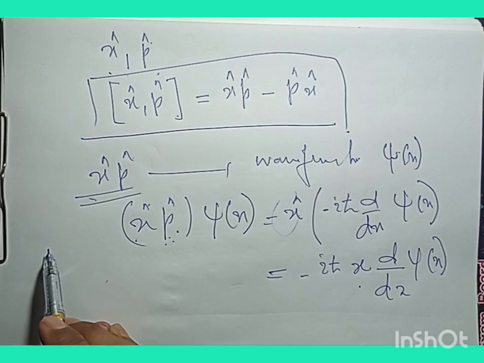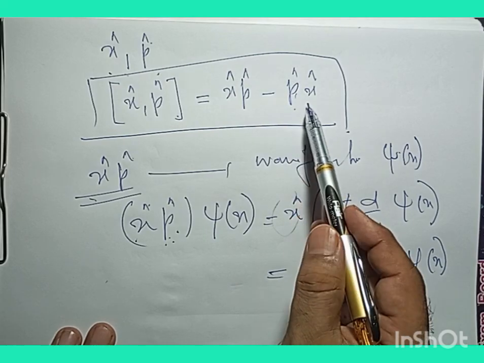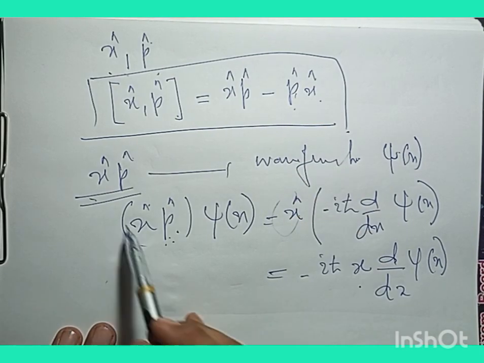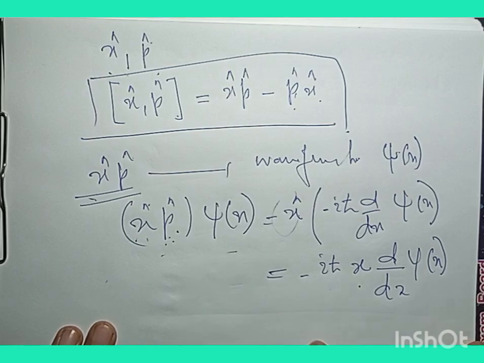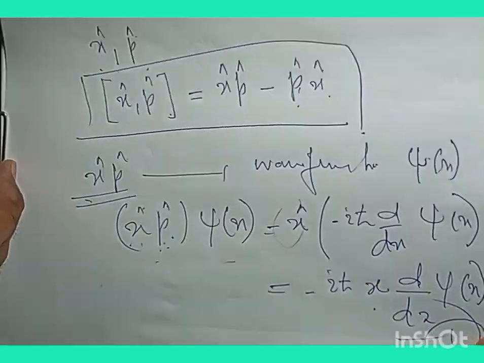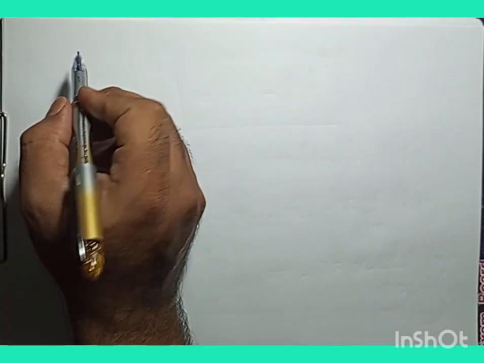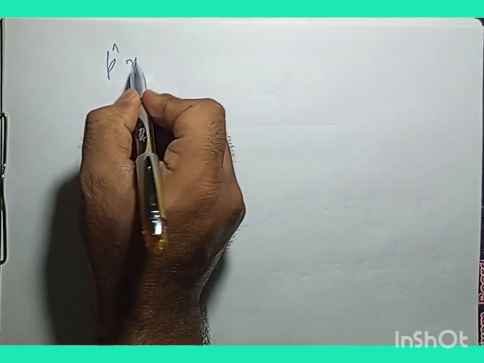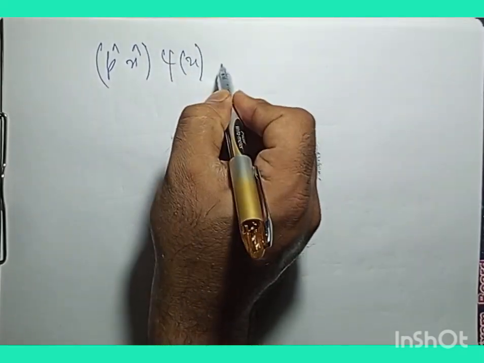Now we would like to have another action, the action of p cap and x cap on the wave function. First, we acted x cap p cap on the wave function, and I'll call it 1. Now we would like to act p cap x cap on psi of x.